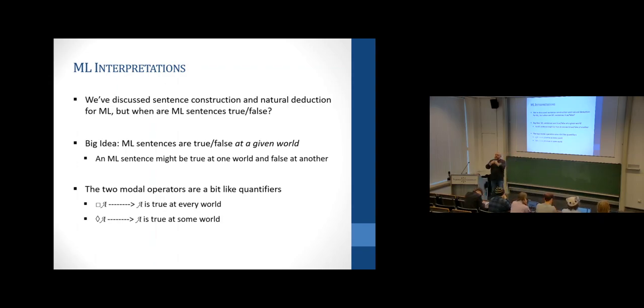So it's true according to Nathan, it's true according to you. Note that if we relativize in that way, it doesn't really make sense to talk about just true. It's always going to be true relative to. So that's the big thought. We're going to basically have something like valuations, but they're always going to be valuations relative to a world.